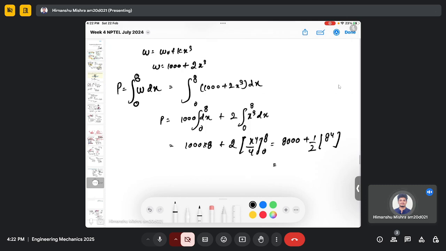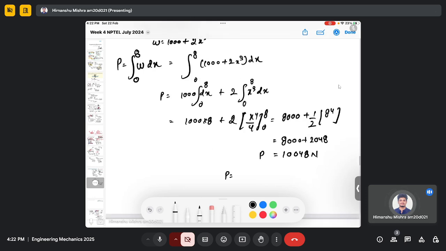This is my equivalent point loading. So my equivalent point loading I can write as 10.048 kilonewton, right?